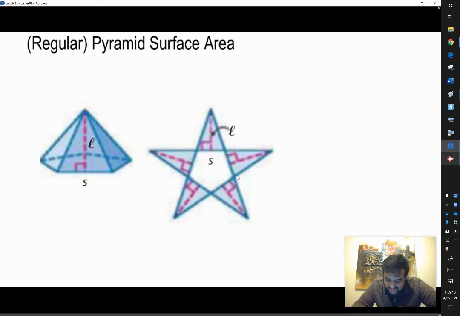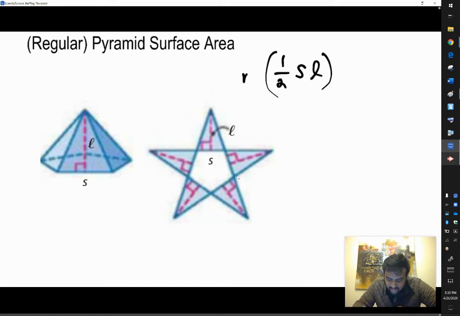Each side length is labeled S, and each slant height here is labeled L. If we look at the way this is drawn, we can deduce that there are 5 triangles here. And each triangle has an area of 1/2, because it's a triangle, base S times height L.